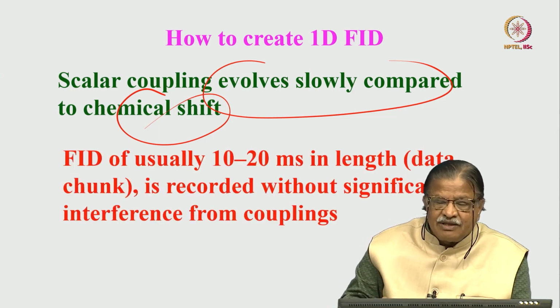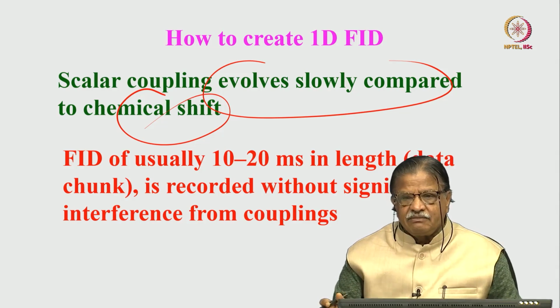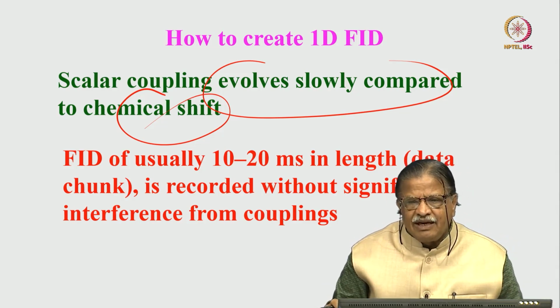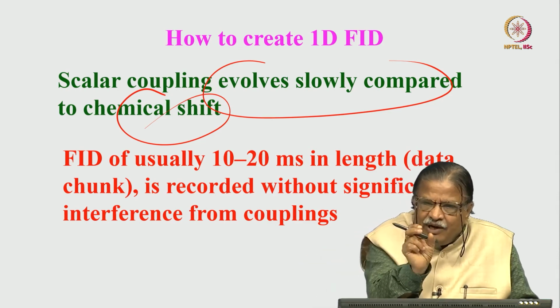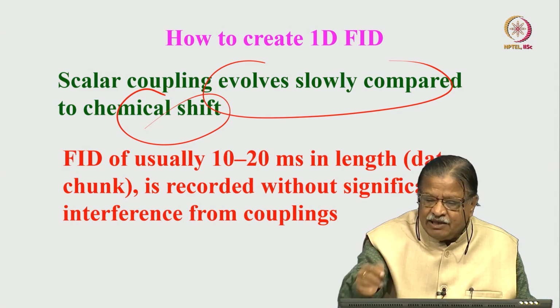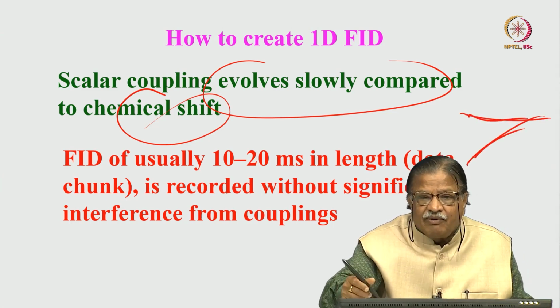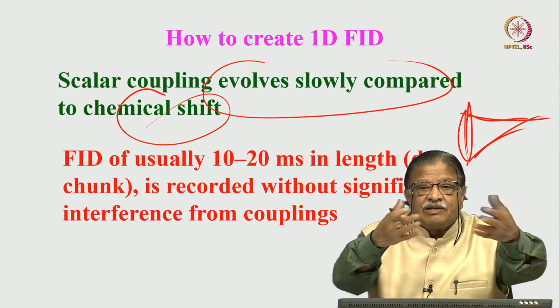As a consequence, we collect the initial portion of the free induction decay for a short time, before J coupling starts coming into the picture. In the initial portion of the FID, you have only chemical shift information. J coupling takes some time to evolve. In the beginning portion of the FID, chemical shift would have evolved.